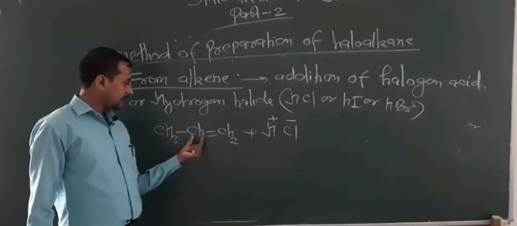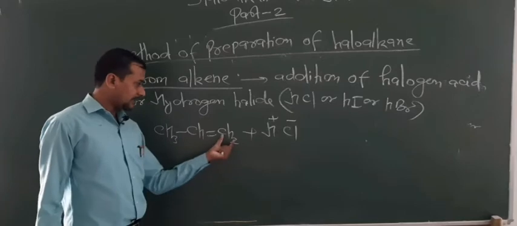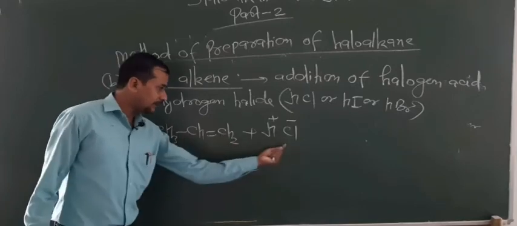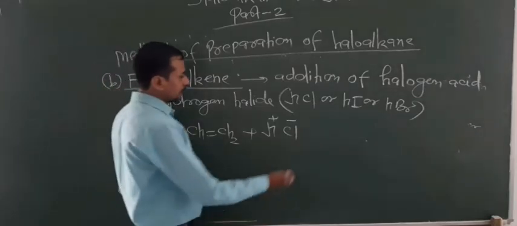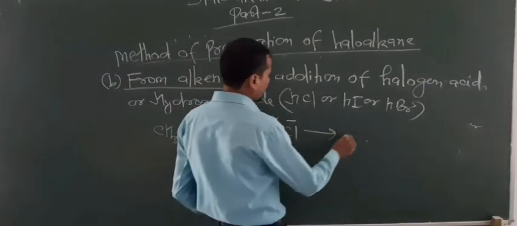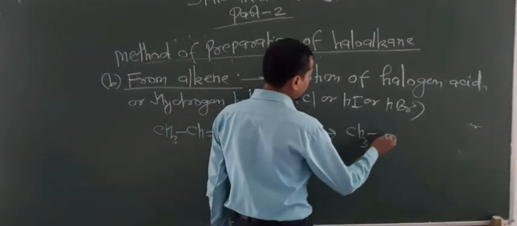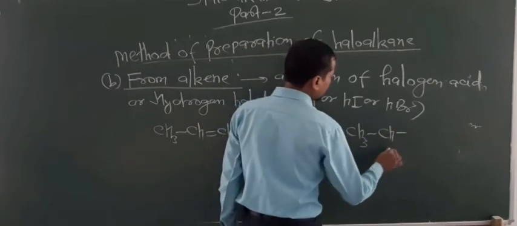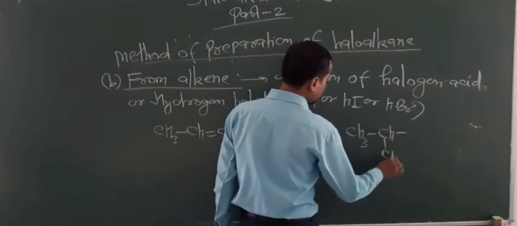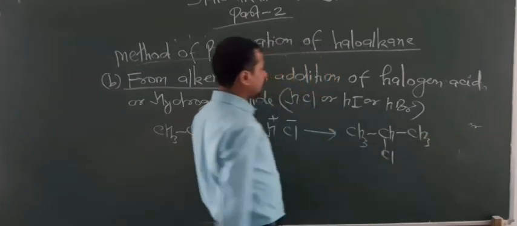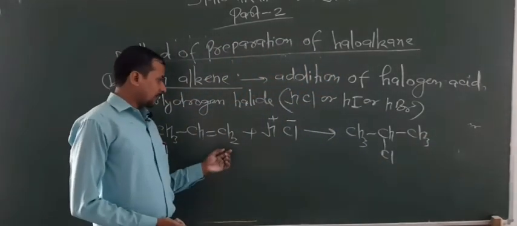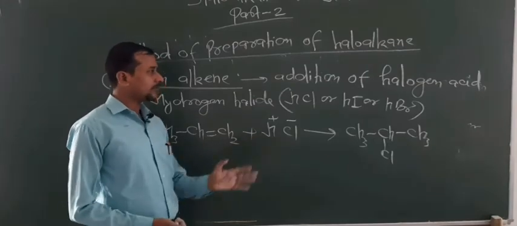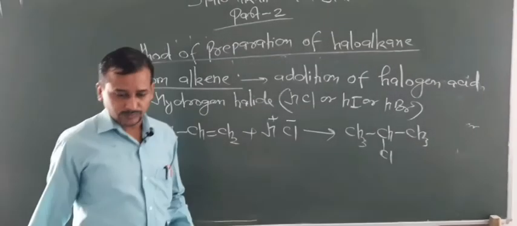So look at here, this carbon contains 1 H and this carbon contains 2 H. So Cl will attack that carbon which has fewer hydrogens. So now what happens here? This will give CH3-CHCl-CH3. So this is your major product. Okay dear students, so this is according to Markovnikov rule.